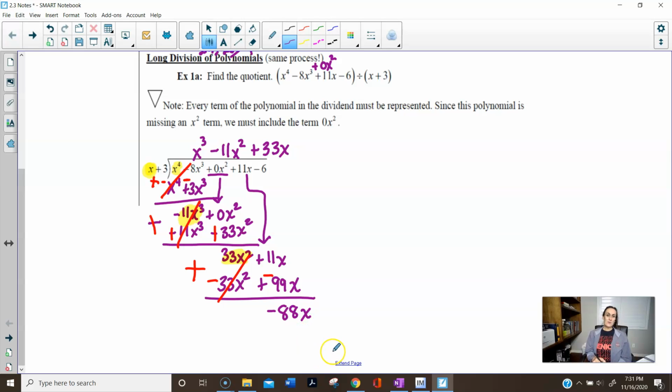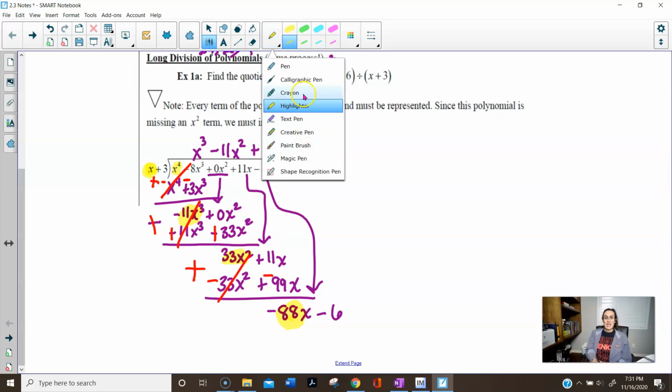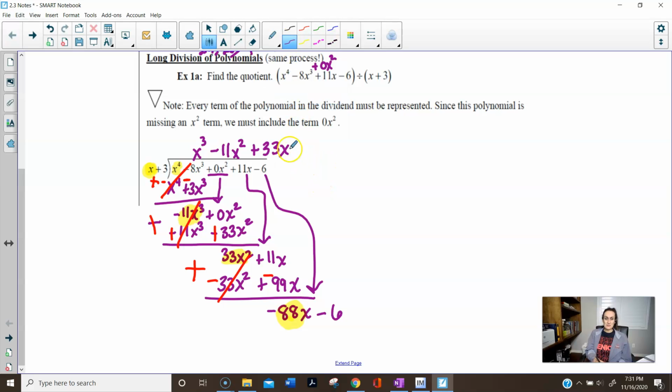From there, we're going to bring down the negative 6. Focus on just the front number and say x times what is negative 88x. And that is simply negative 88. So this is negative 88x when I take negative 88 times x.